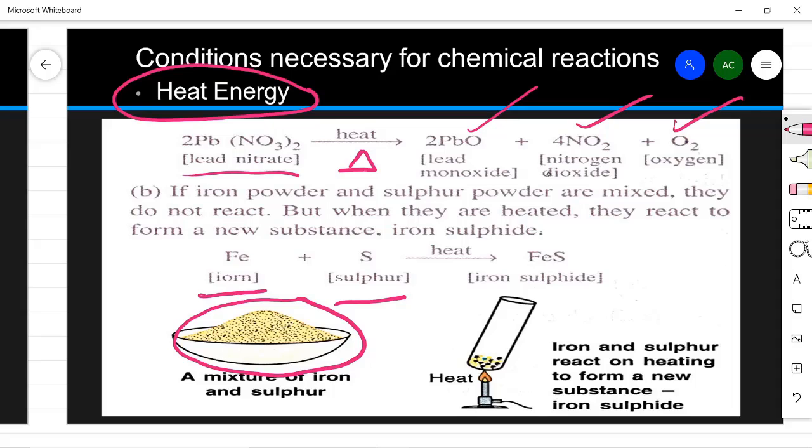But when you heat it, a new compound, ferrous sulfide, that is iron sulfide, will be formed, because after heating a chemical reaction has happened. So this is an example of a chemical reaction by providing heat energy. You have to remember all the reactions under each category. In the exam it might be asked, write an example of a reaction where heat energy plays a role.